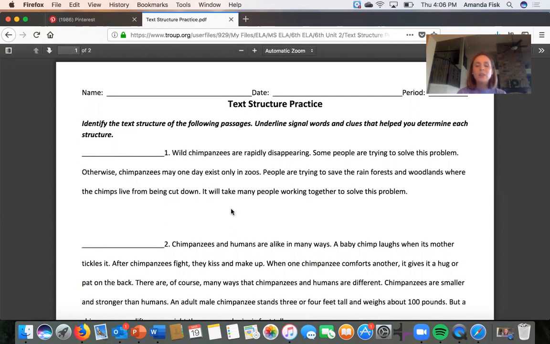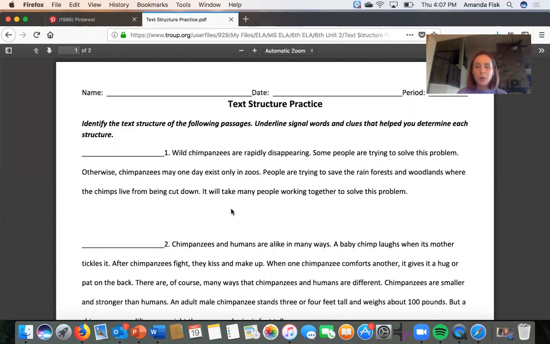People are trying to save the rainforests and woodlands where the chimps live from being cut down. It will take many people working together to solve this problem. This is pretty straightforward. It says problem and solve. And so this is a hint to us that this is probably problem and solution. But I don't want to stop there. When I'm doing text structures, I want to think, are we comparing two things? Are we contrasting them?